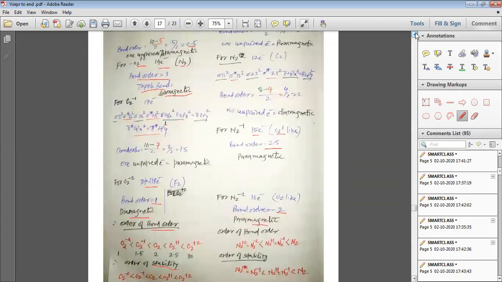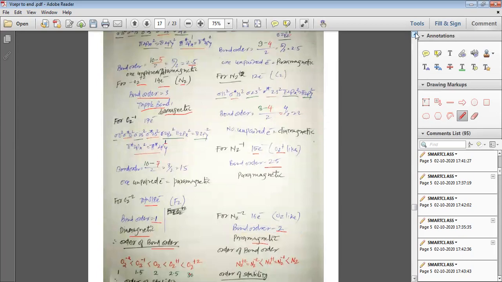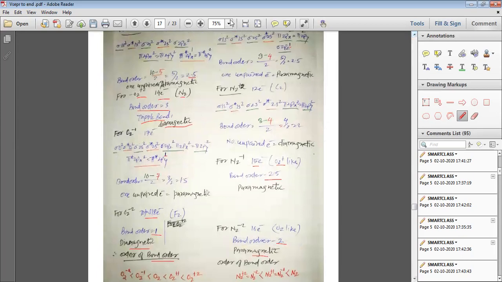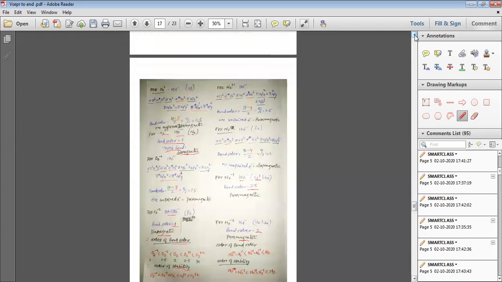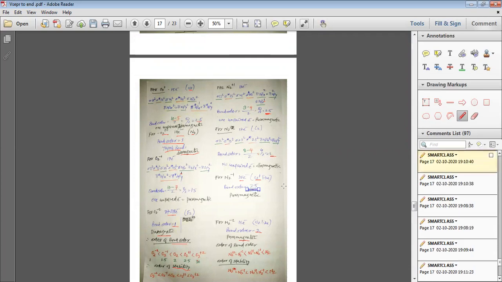Now you can see here, my dear students, the various species that we have studied for nitrogen on your screen. N2 plus 1 has a 2.5 bond order, N2 plus 2 will have bond order 2, N2 minus 1 will also have 2.5 bond order, and N2 minus 2 will have 2 bond order.